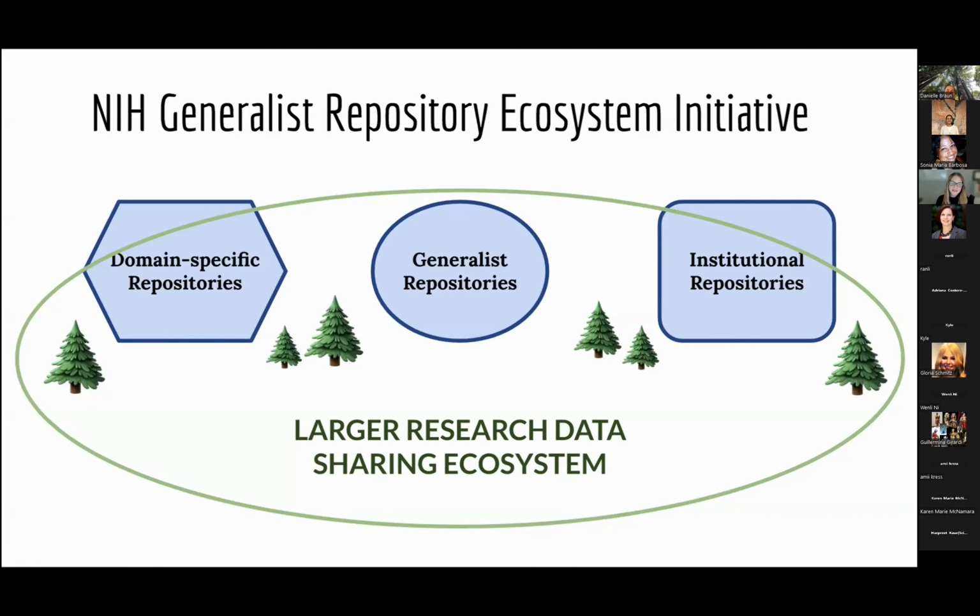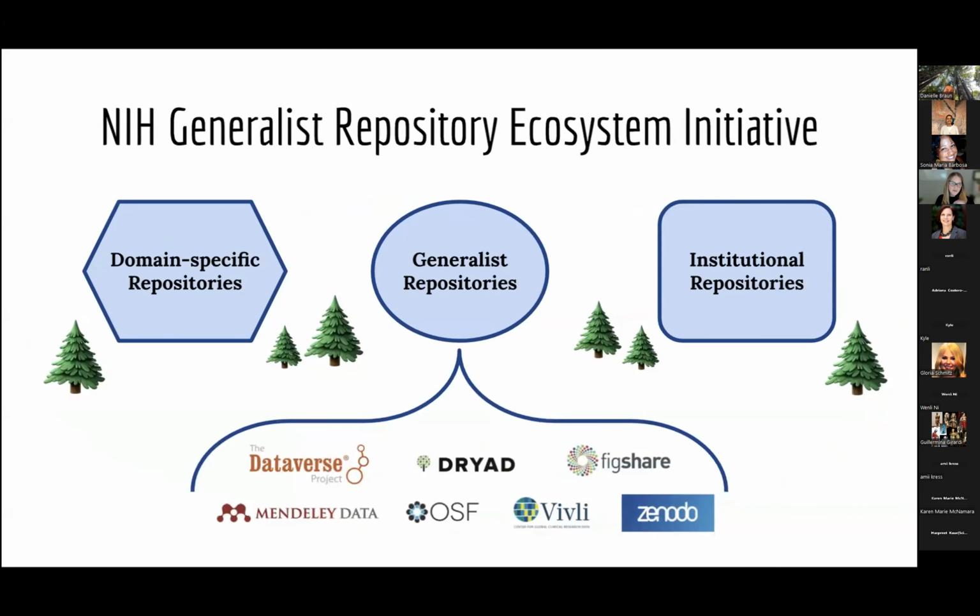Those domain-specific repositories are a great first choice for researchers. You may also want to investigate at your institution if you have an institutional repository. Many institutional repositories are actually using the Dataverse software. Those are a great place to find related institutional data.